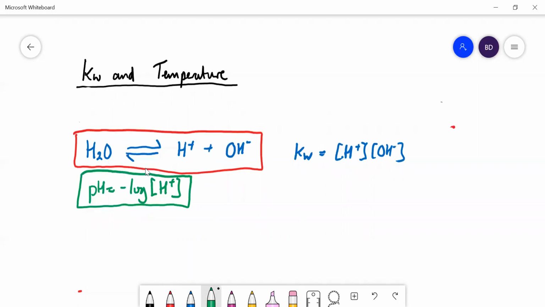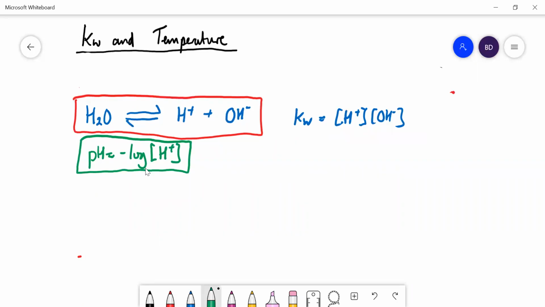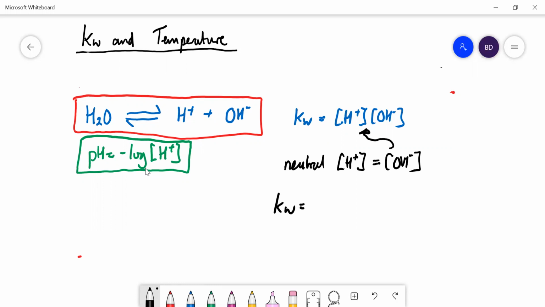I think we established in the last video that neutral is not pH 7, strictly speaking. Neutral is when the H+ concentration is equal to the OH- concentration. So let's substitute that in. From that we get Kw is equal to H+ squared, so the H+ concentration is equal to the square root of Kw.